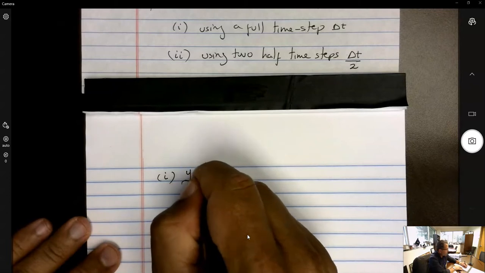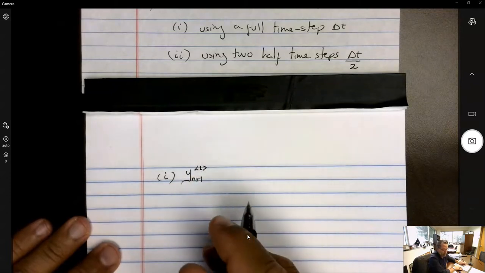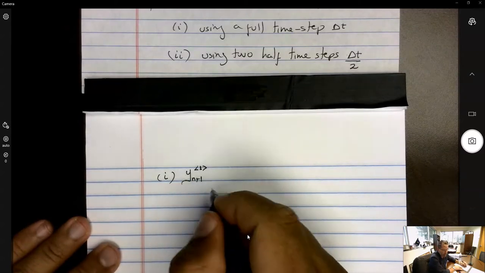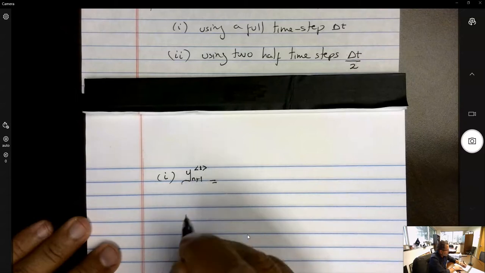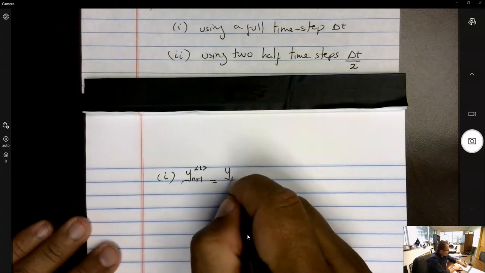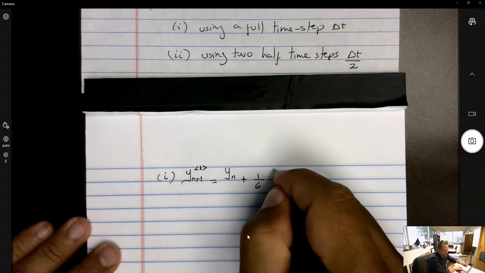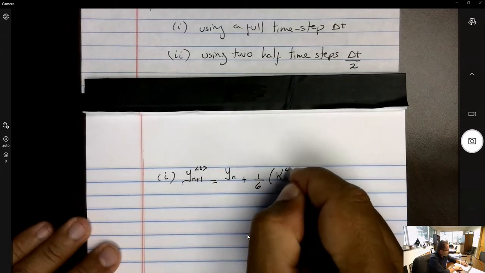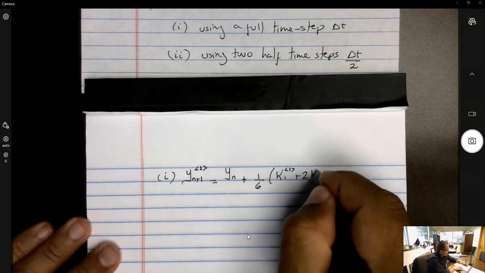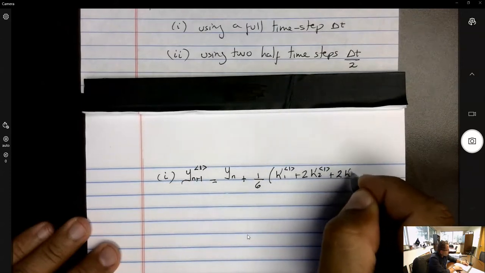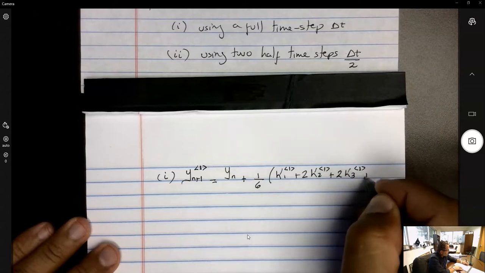So you are going to evaluate what we call solution 1. That's the full time step solution at time step n plus 1, using y n plus 1/6 of, remember, k1 plus 2k2 plus 2k3 plus k4.